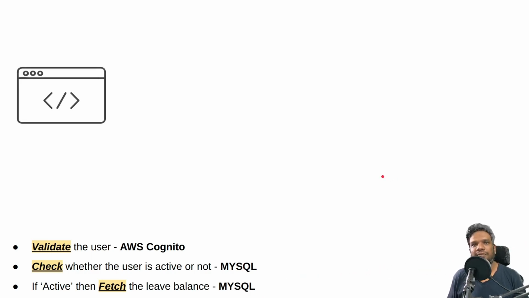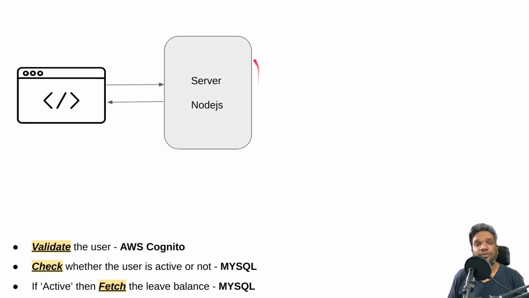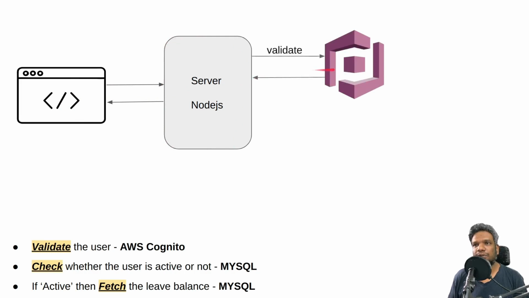So let's say we have a web application like this, and then we have a NodeJS server. This is where the piece of code that we're going to write goes, first initially callbacks and then promises, then async await. So the web application will hit this web server that is written in Node.js, and it'll go and talk to AWS Cognito.